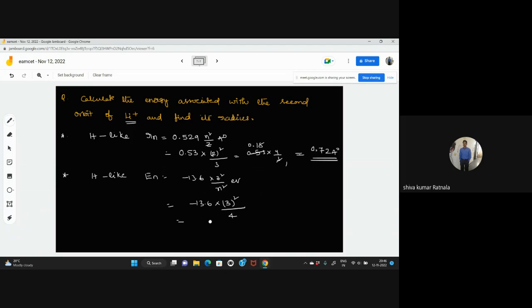That means minus 13.6 into 9 by 4. So 4 3 is 3.4, 3.4 into 9, 4 9 is 36, 36, 27 plus 3 is 30. So minus 3.06 electron volts.